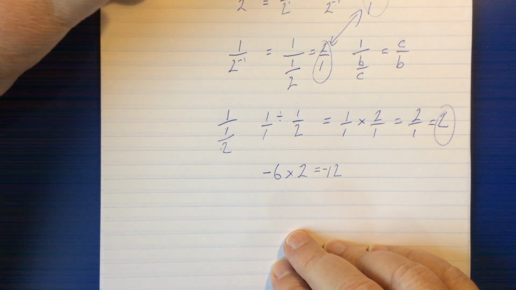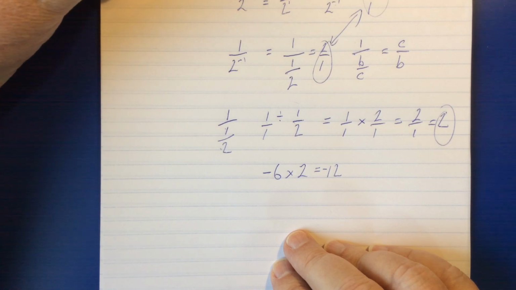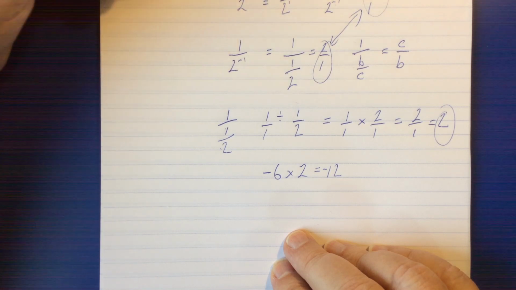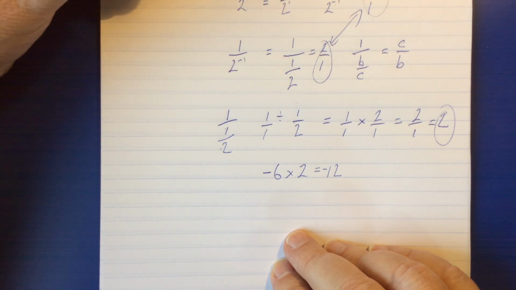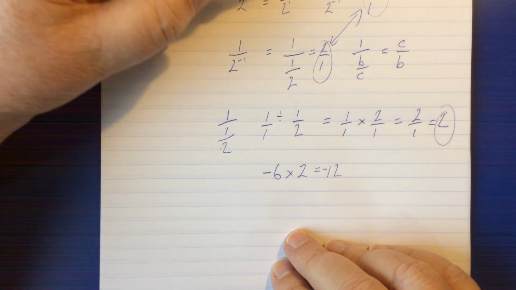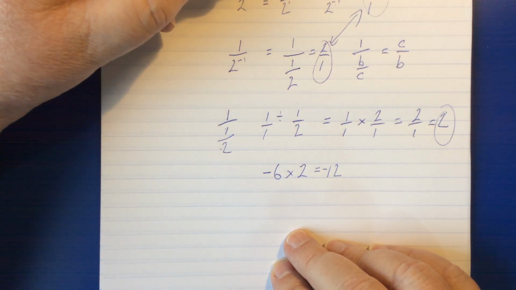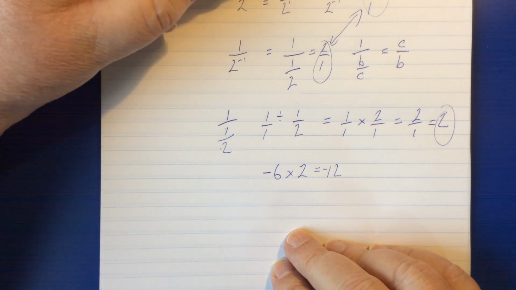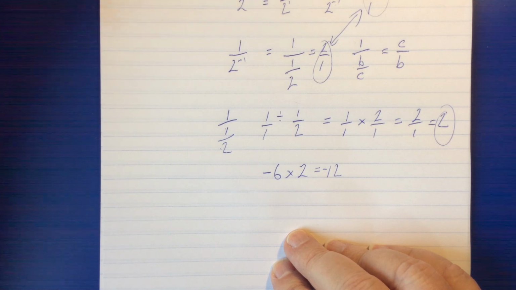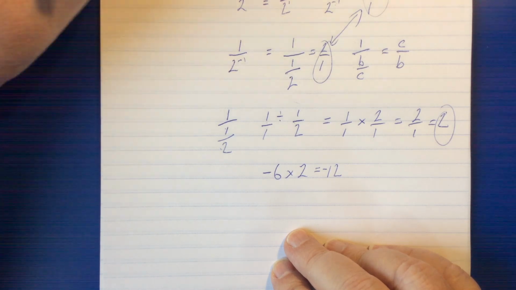Please note that we normally deal with the exponentials first. So what we get is 6 times 1 over 2 to the negative 1, and then we deal with the minus. It makes no difference, and it's probably not worth pursuing.